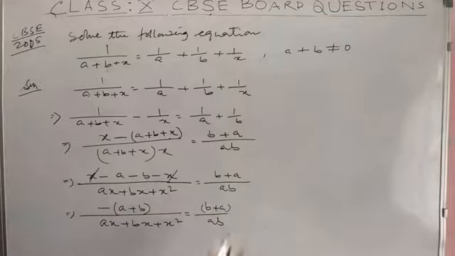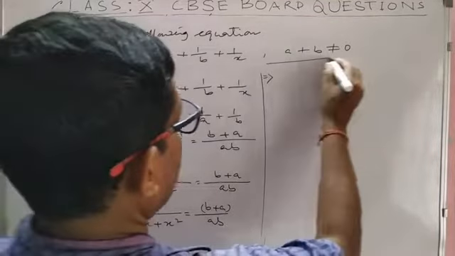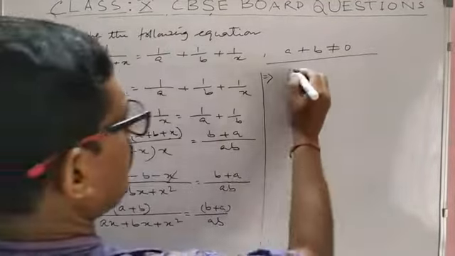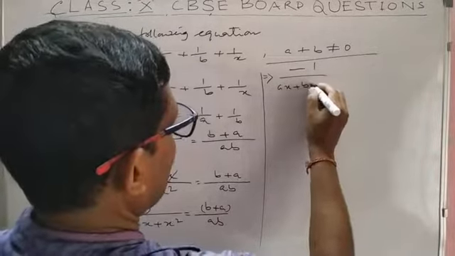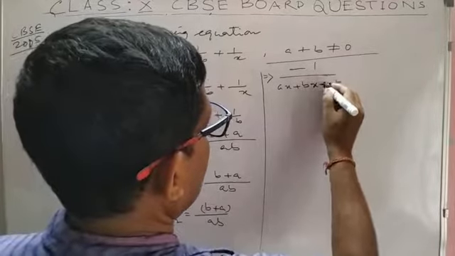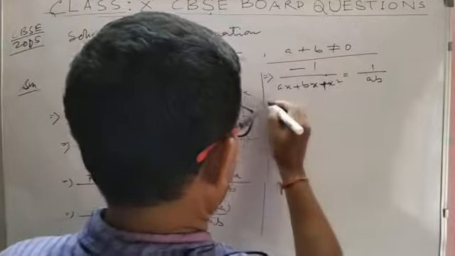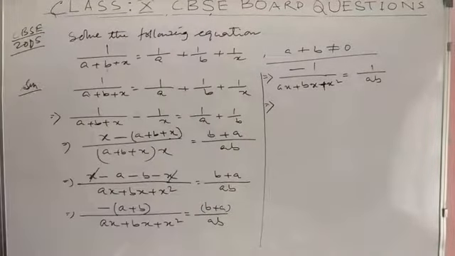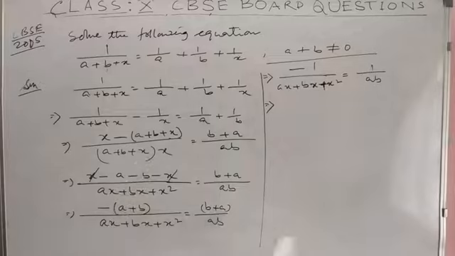If we cancel this one, what we get is minus 1 by (ax plus bx plus x square) equal to 1 by ab. On cancelling a plus b from both sides, here will remain minus 1, here will remain 1.